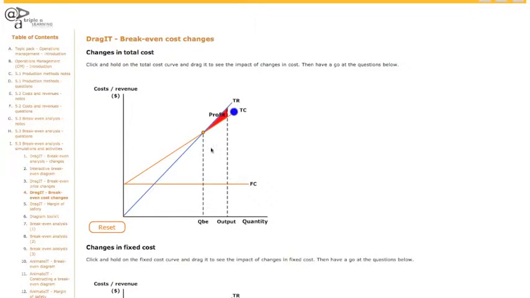Where if we drop the total costs, our profit will be much higher and our loss will be much smaller. Again, the level of output is going to fall now.